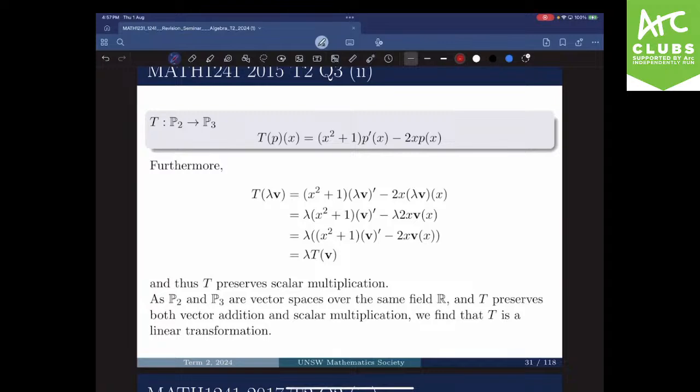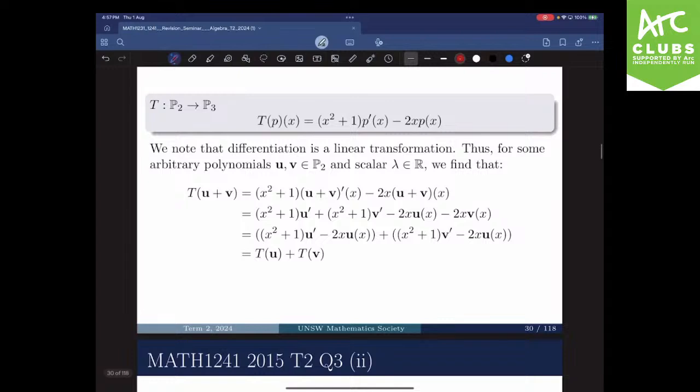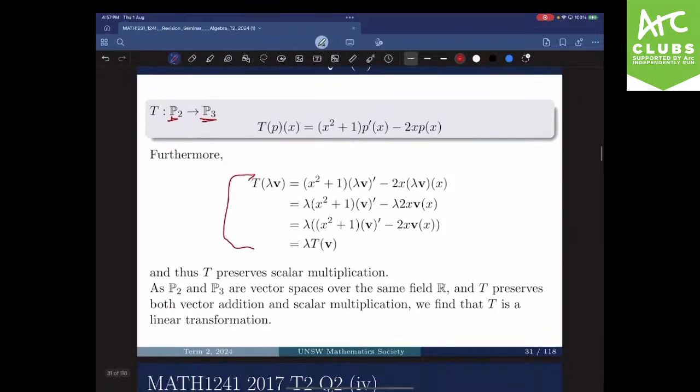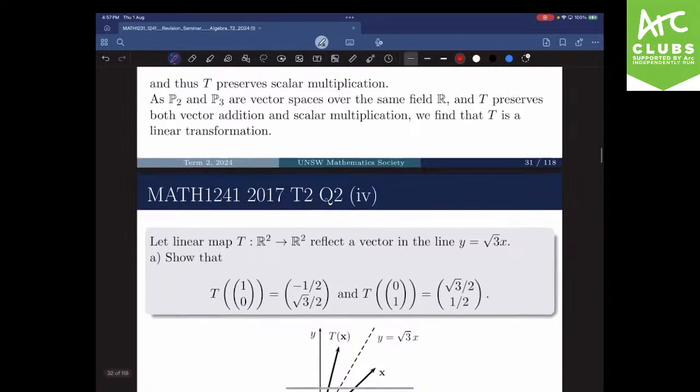So from the first we see it preserves vector addition, and from the second we see it preserves scalar multiplication. Since it preserves the two, and we note that these are vector spaces, we get that T is a linear transformation. So we're happy with that? Okay.